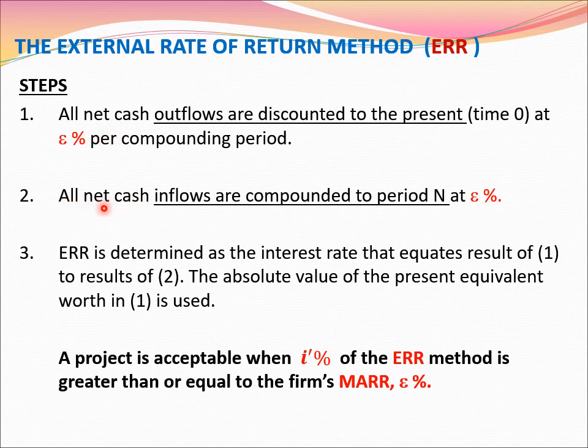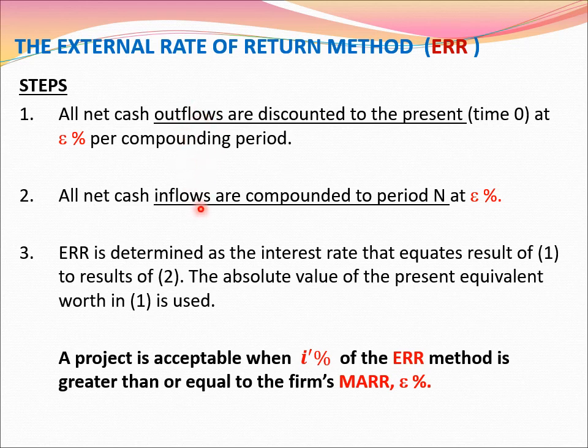In the second step, we find the future worth of all cash inflows, again with this external rate, which is usually MAR. So cash outflows, present worth, cash inflows, future worth, and then we make these inflows equal to outflows.